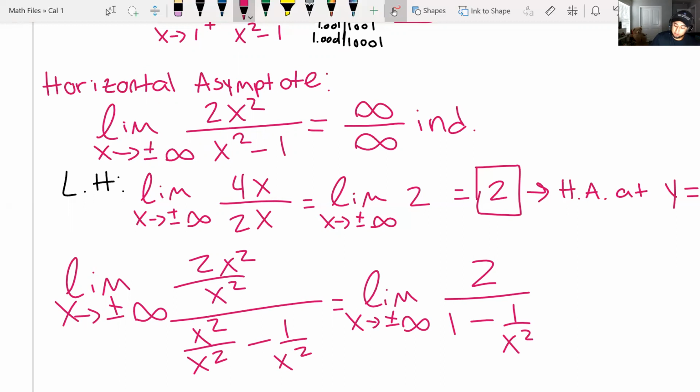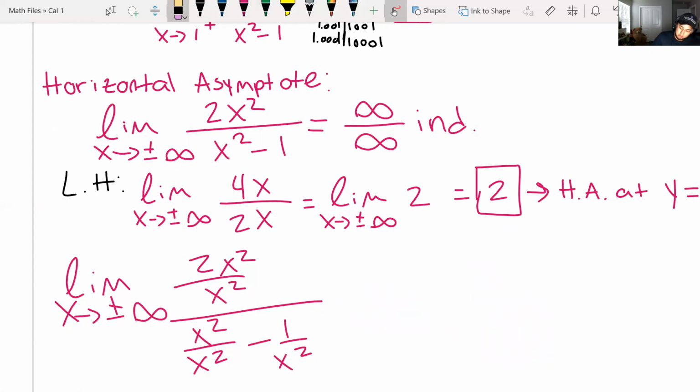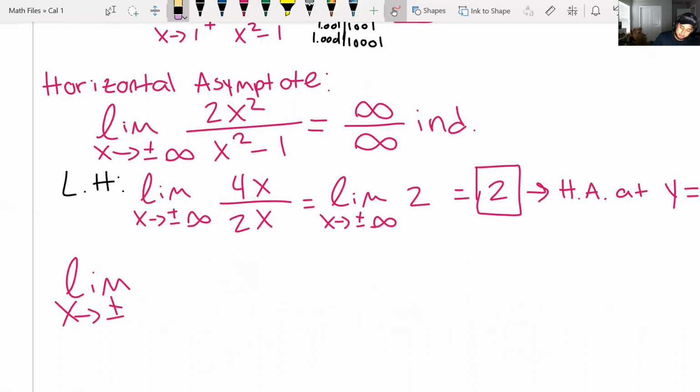And as x goes to infinity or negative infinity, guess where 1 over x squared is going? 0. So this would just become 2. Remember that. If you can't use L'Hopital's, then try and power trick it. Either way, we get the same answer. But remember, in order to use L'Hopital's, it must be indeterminate.